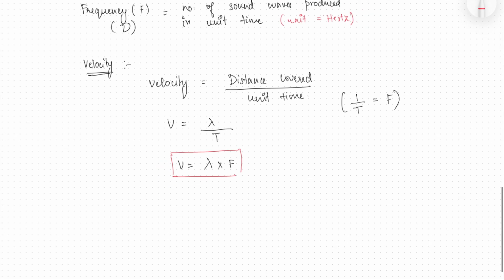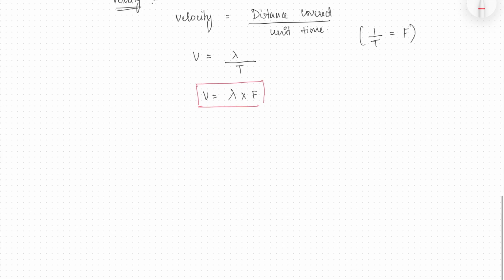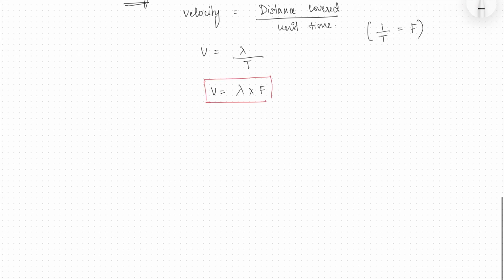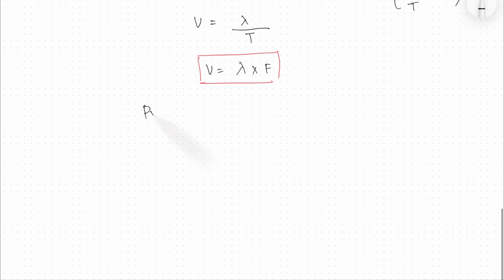Then you have some properties of sound, right? So we have properties of sound. Whatever properties that we talked about, like your wavelength, amplitude, frequency, everything is real parameters, like it's actually there.